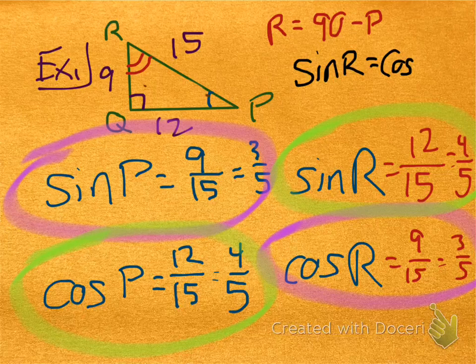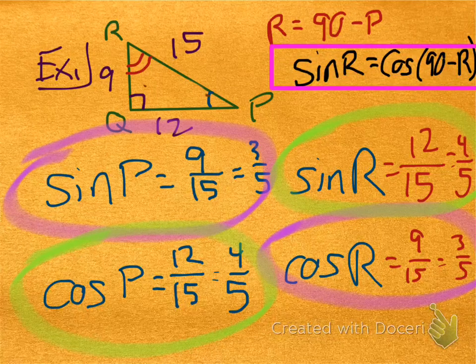But P is just what? 90 minus R. And that's true in any case. Anyway, that's just kind of a fun fact.